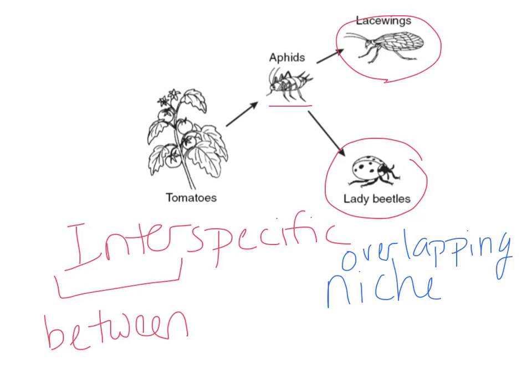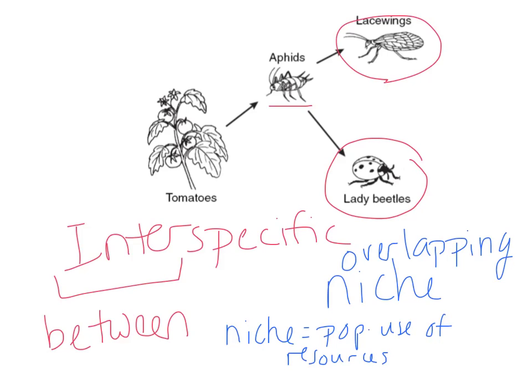Okay, so the niche is essentially how the population fits into the environment or the ecosystem. Okay, it's the population's use of the resources that are available to it, and its role in the environment, and its response to the environment. So it's the use of the resources, how it interacts with the environment.